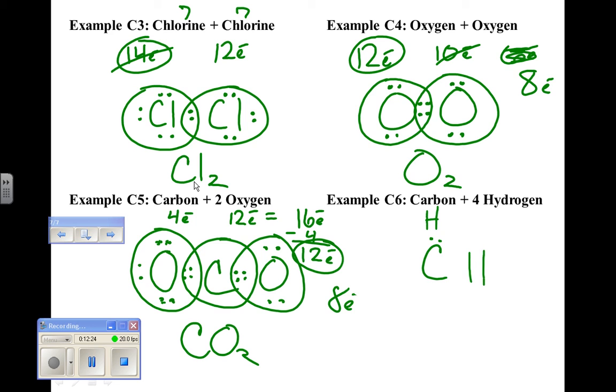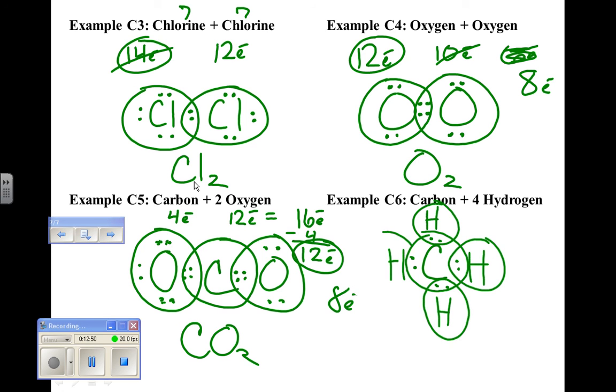How many does carbon have? 8. How many do all the hydrogens have? 2. So look. I have to do these. These are just fun to show. Okay, what's my formula? CH4. And those are covalent bonds, and that's when you have nonmetals bonding with nonmetals.